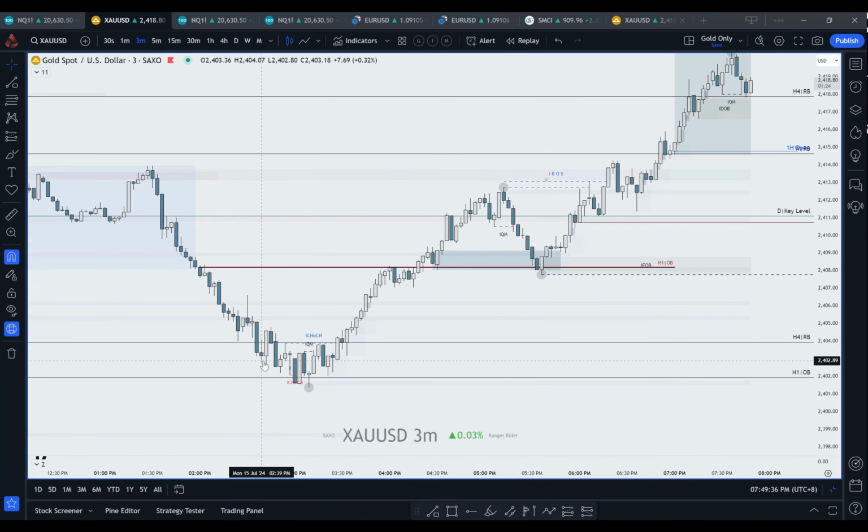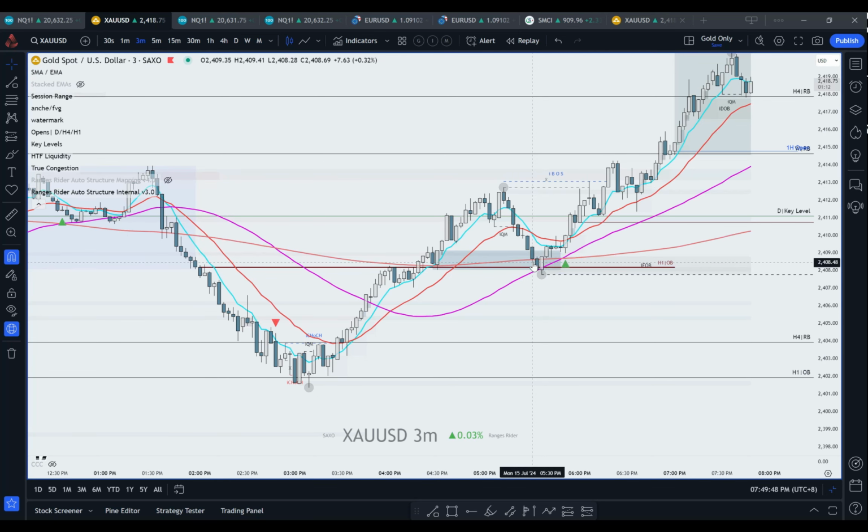So actually I could still wait to enter exactly at this area, but I was just afraid that the price can just go up from here, from this 200 moving average. So that's why I entered there.